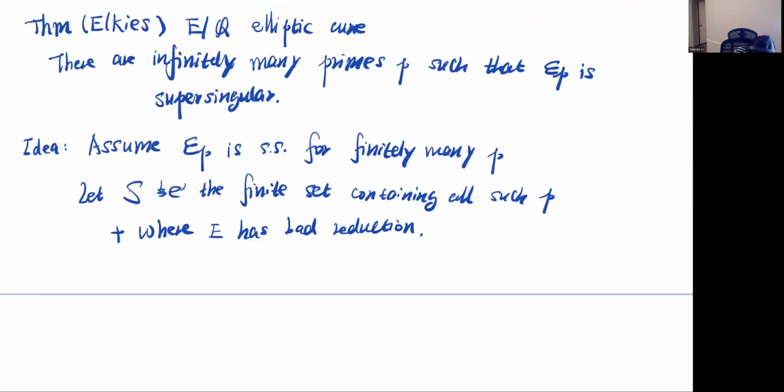Okay. And then we want to construct a prime p not in this set, such that E_p is supersingular.